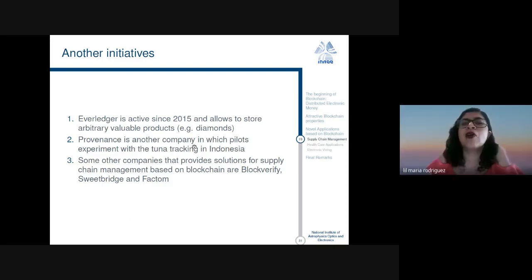Provenance is another company, whose pilot experiment was tuna tracking in Indonesia. And we have some other companies that provide blockchain-based solutions for supply chain management, like BlockVerify, SweetBridge, and Factom.